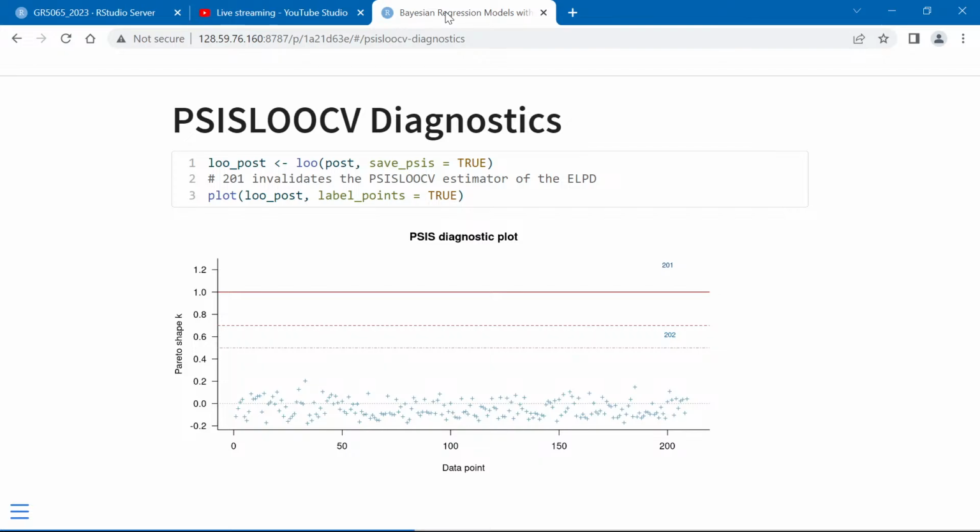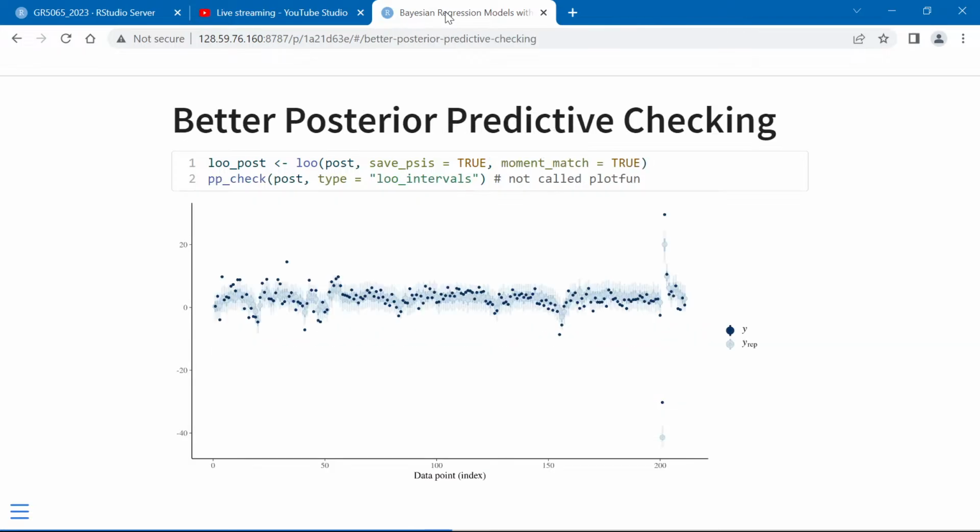But we could take 2020 out. That wouldn't be the worst thing in the world. But what's perhaps even better is to call loo with moment_match equals true or reloo equals true, both of which implement alternative estimators of the expected log predictive density that don't rely on the assumption that the Pareto k is less than 1 or less than 0.7.